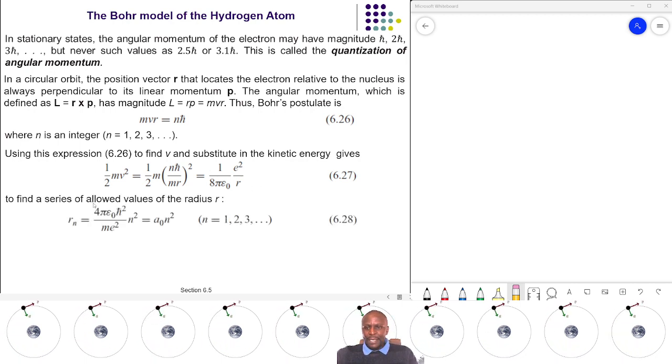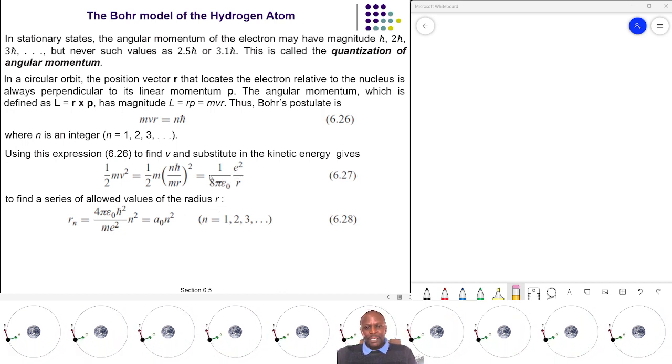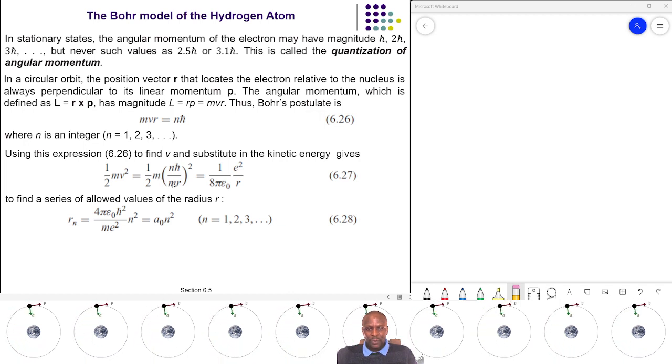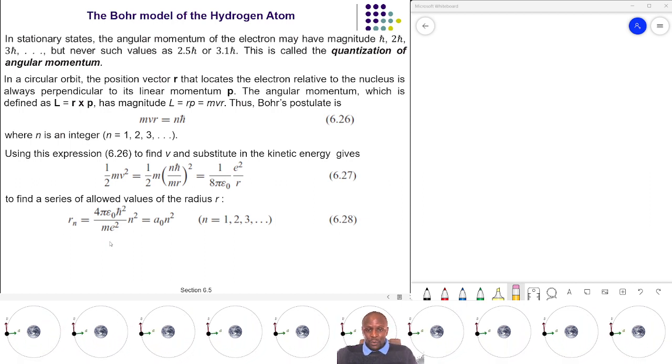Now, to find a series of allowed values of the radius r, in this case you make r the subject of the formula. If you make r the subject of the formula from this, this mass will go away, and you will only have one mass there. So if you work it out, this is what you are going to have for your allowed radius r.